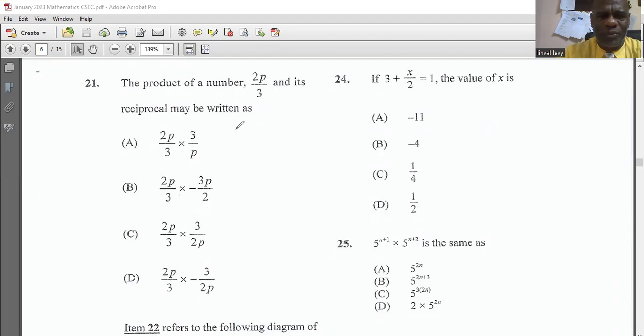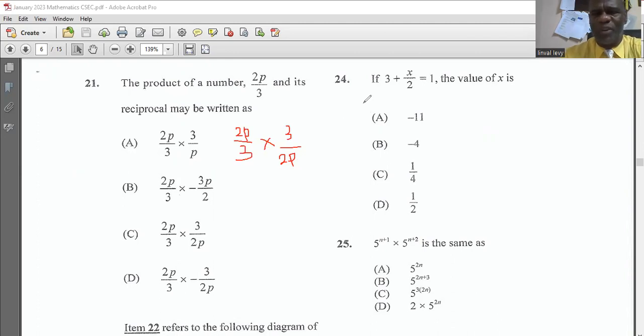So we are multiplying 2p over 3 by its inverse, 3 over 2p. So the reciprocal is the inverse. We flip the number. We turn it upside down.